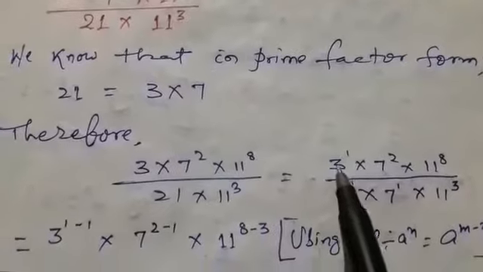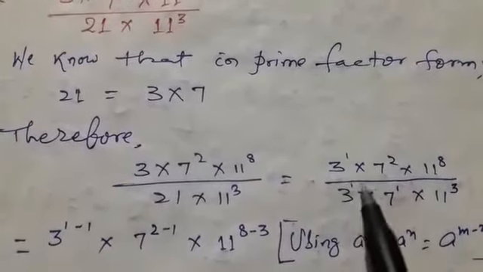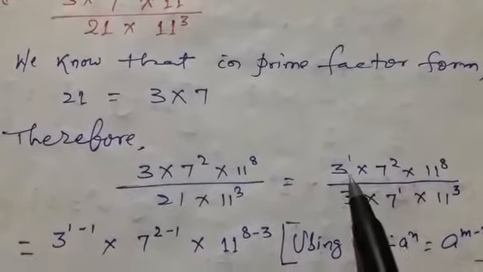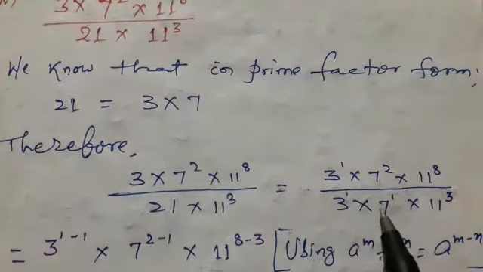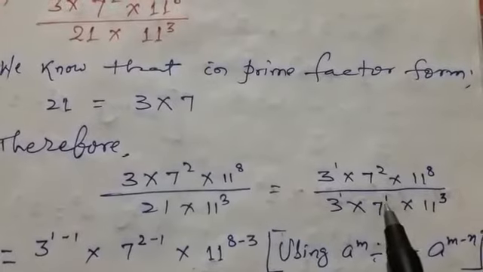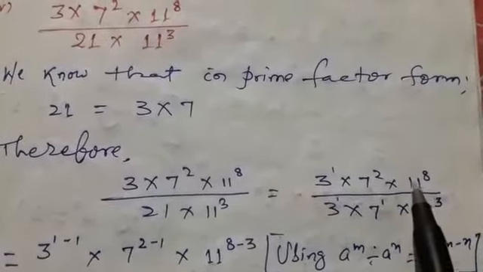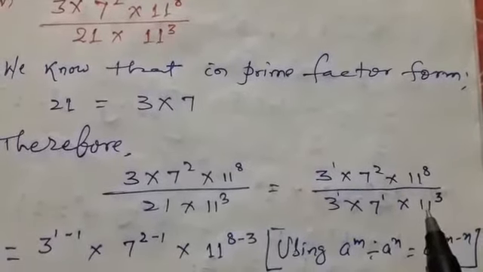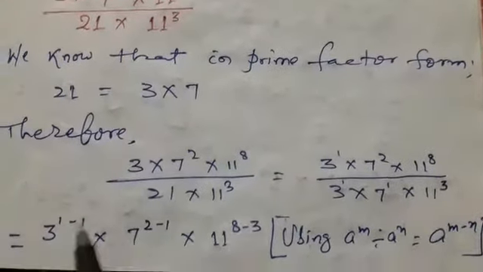Now, 3 to the power 1 is divided by 3 to the power 1, 7 square is divided by 7 to the power 1, and 11 to the power 8 is divided by 11 to the power 3.